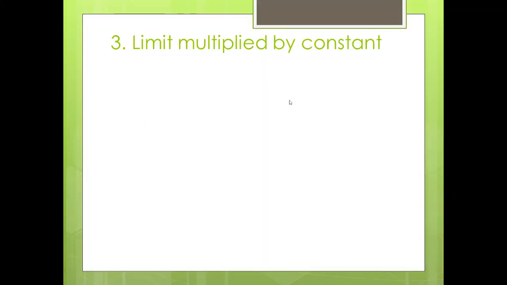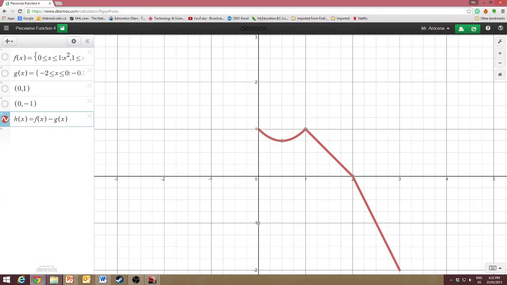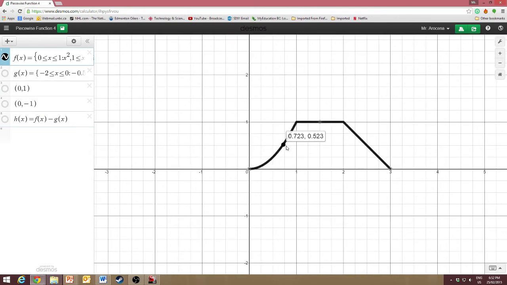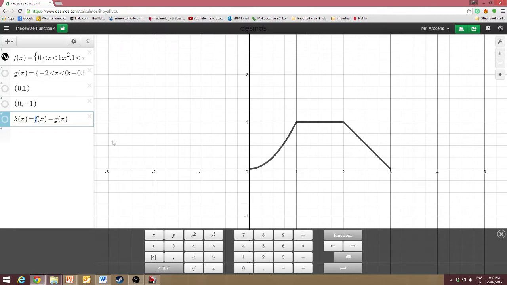All right. Now, next, this one: limit multiplied by a constant. Let us look at a graph of f of x. Okay, so here's f of x. If I consider the limit of f of x as x goes to 1, I can see that the limit is equal to 1. Now what if I change f of x to, say, 3 times f of x?